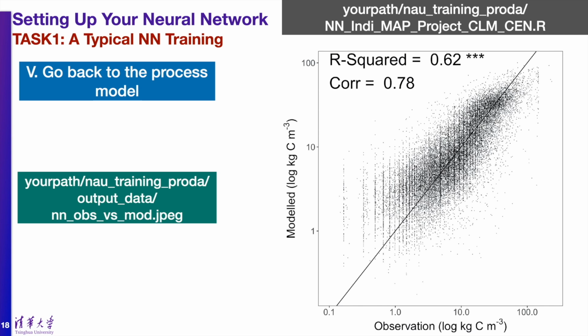You can also check the output figure. If you want to use your own computer, you may need to operate the R language code in the gray box and check the results in the directory path as shown in the green box.